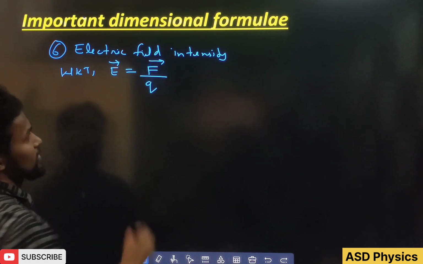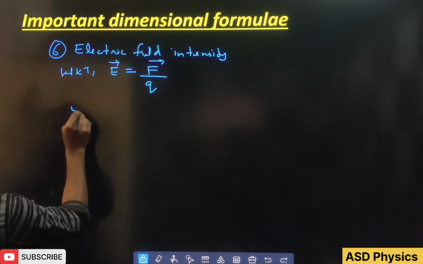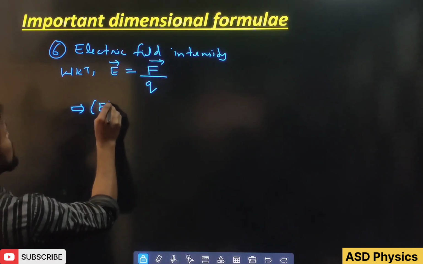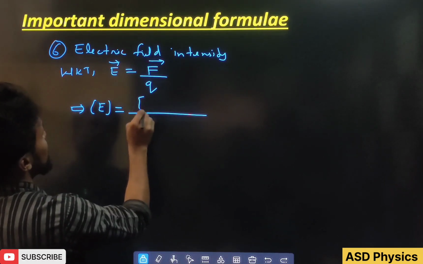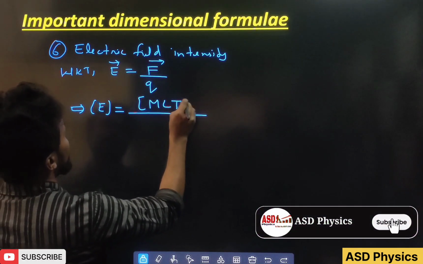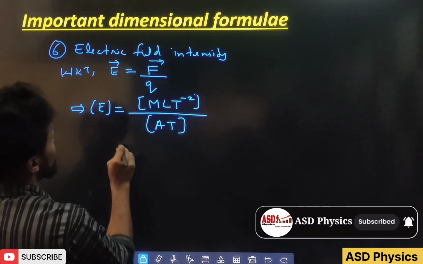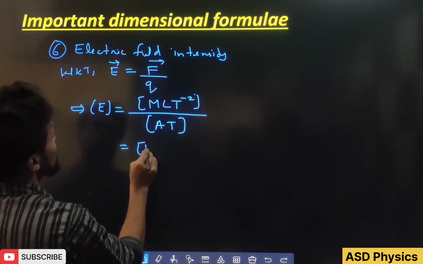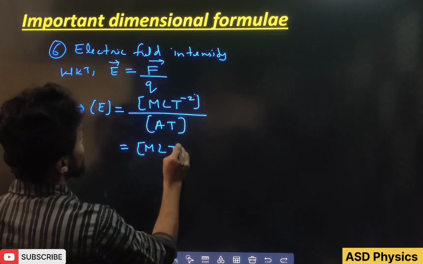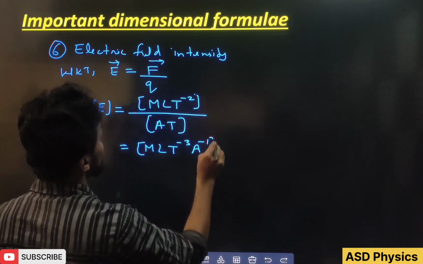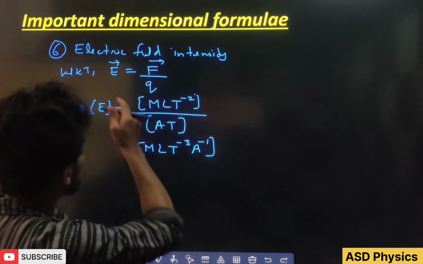So E equal to force, MLT^-2, and charge means AT. When you simplify, you get MLT^-3 A^-1.